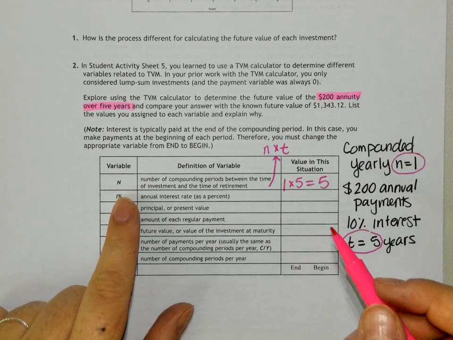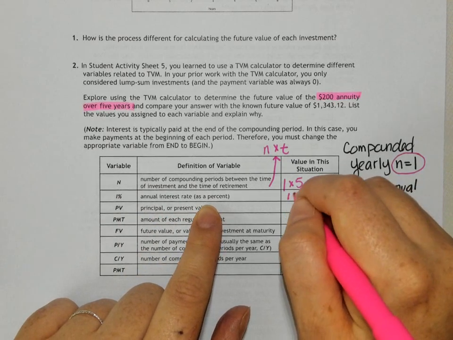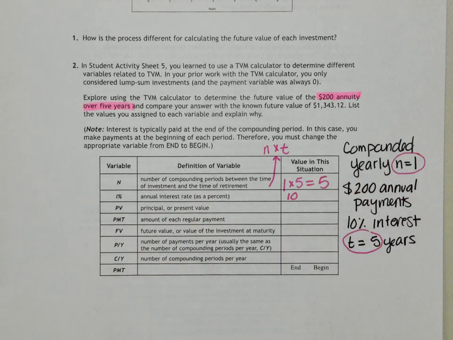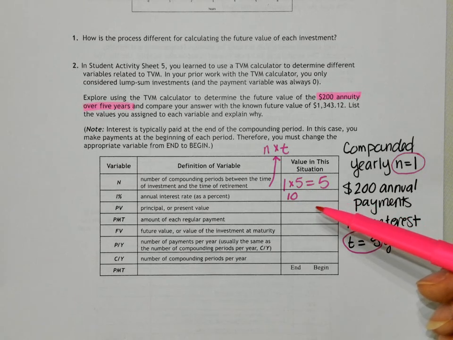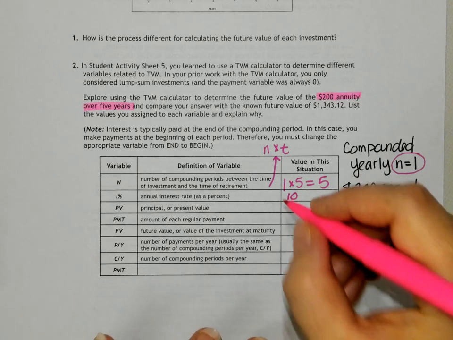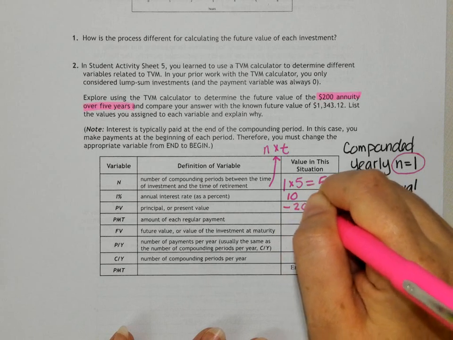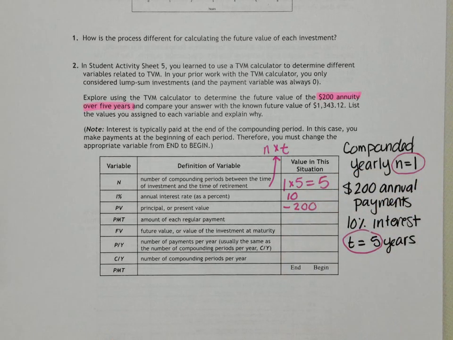Your interest rate, you are going to leave as a percentage. Before, when we were doing it by hand, we kept having to convert percentage to decimal. When we're using the calculator, we are not converting. Leave it as 10 for 10%. The principal or present value is whatever your initial deposit is, so we're making an initial deposit of $200.